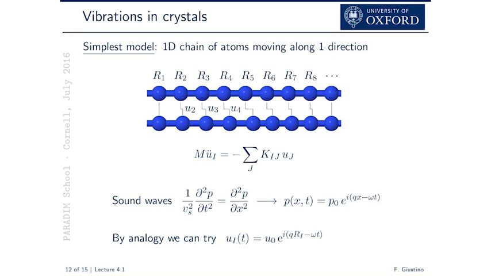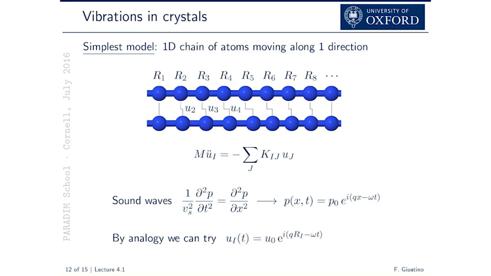So the idea is that if those two are friends, and if this is the solution to the sound wave equation, it must be maybe possible to write down solutions of this in the same form. So that's the idea. So now I'm making it very complicated. It seems something esoteric. But if you go to Kittel, page 3, it tells you, oh, the solution is going to be like that. That's it. So I'm just trying to expand a bit more on that. But in principle, we are supposed to understand that that is the case anyway.